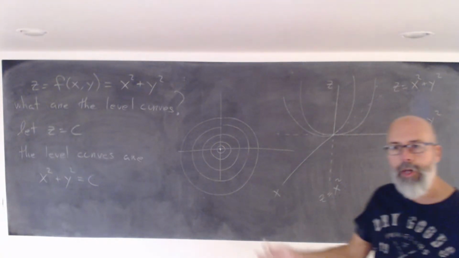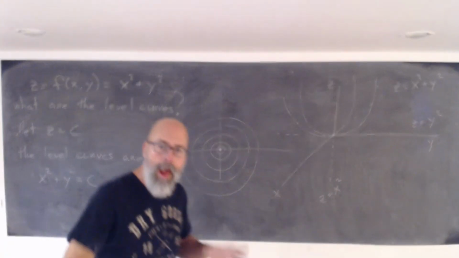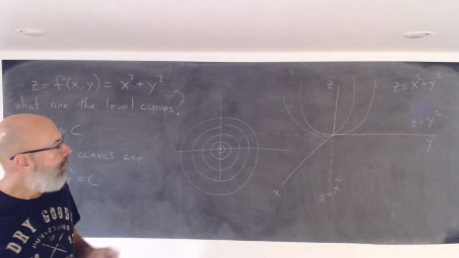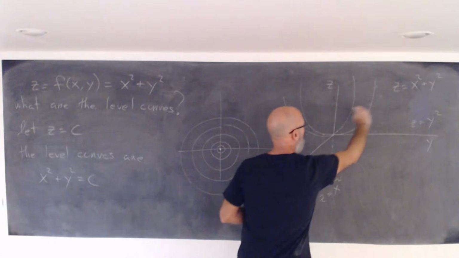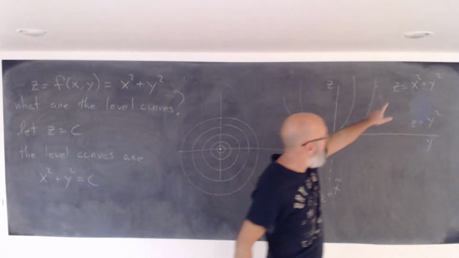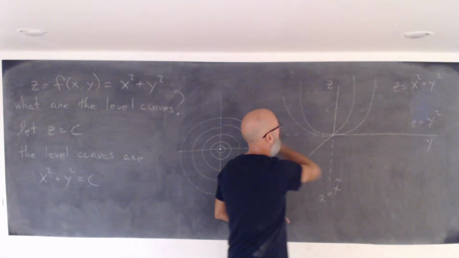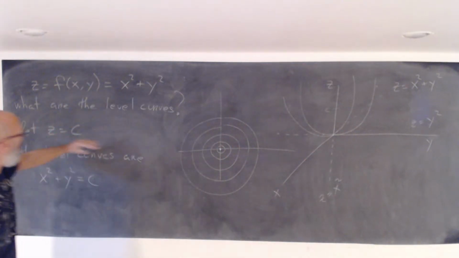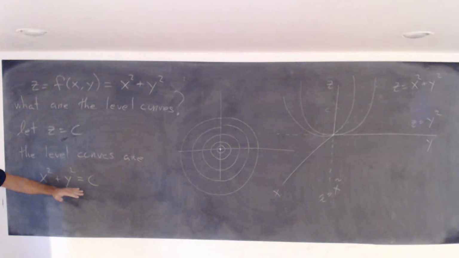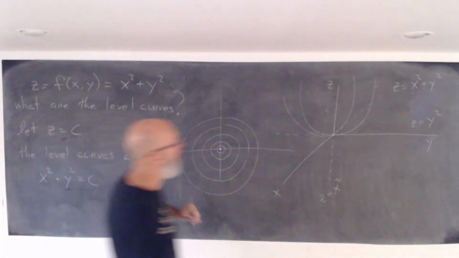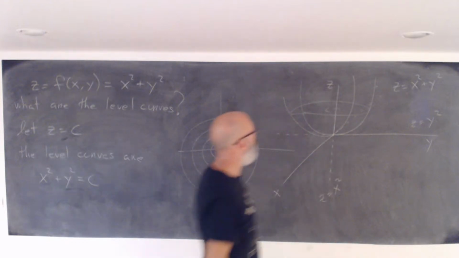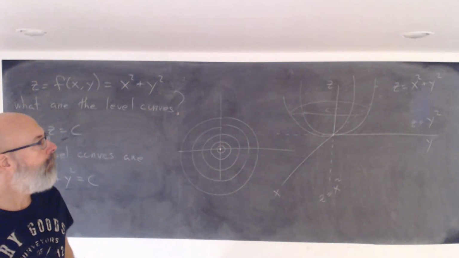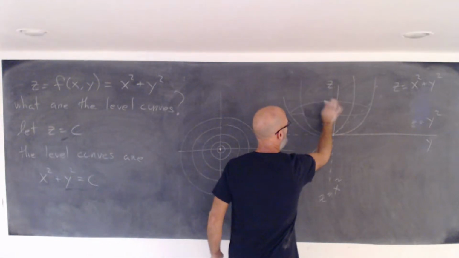All right. Well, now we have these 2 parabolas. How do we bring everything together? If you were to cut your object at some height c, you would get circles.